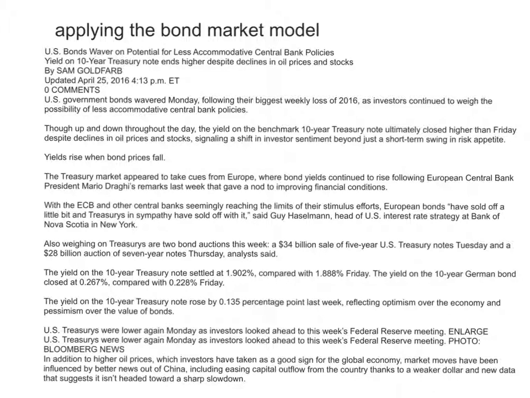One key element is the first part of the story describes a change in European bond yields. European bond yields are going up. If we think European bonds are substitute assets for US Treasury bonds, an improvement in the yield on European bonds makes US Treasury bonds a little less attractive.